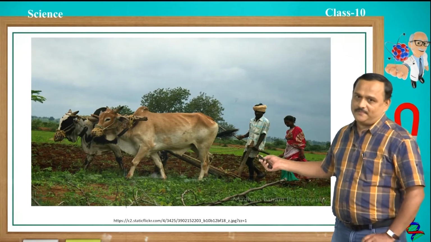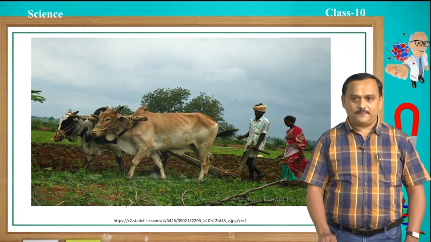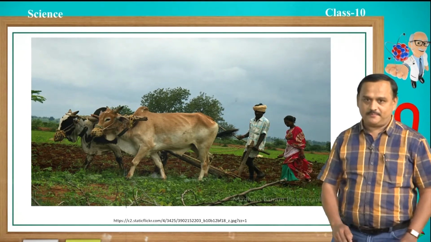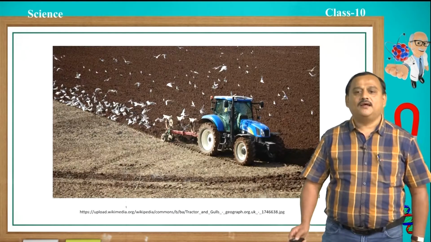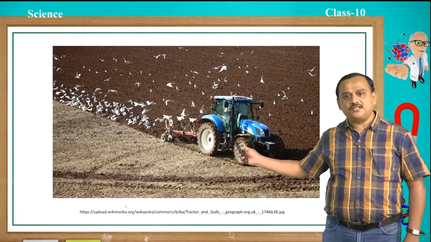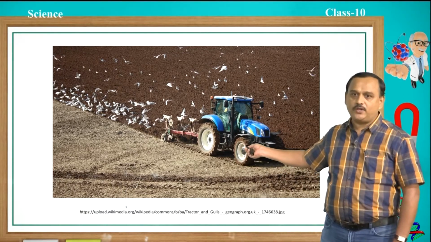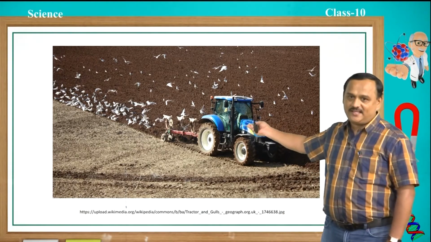See the picture. In this picture, you can see a farmer plowing and a lady is helping him and the oxen are at work. Look at the picture, another one. Here in this picture, a person is plowing the land with the help of a tractor and the birds are flying in search of food.